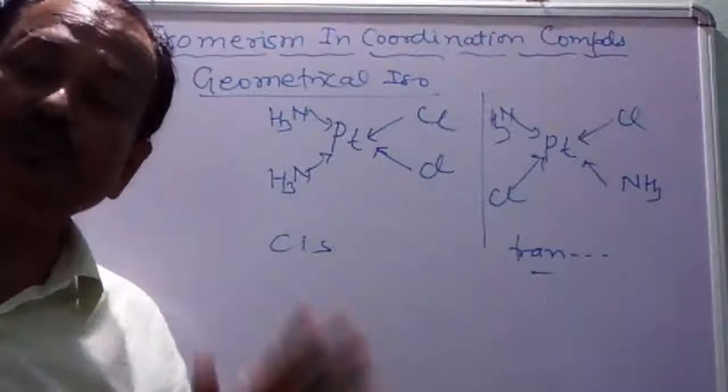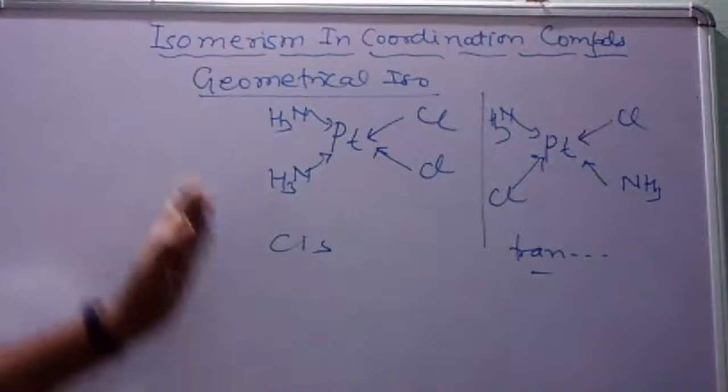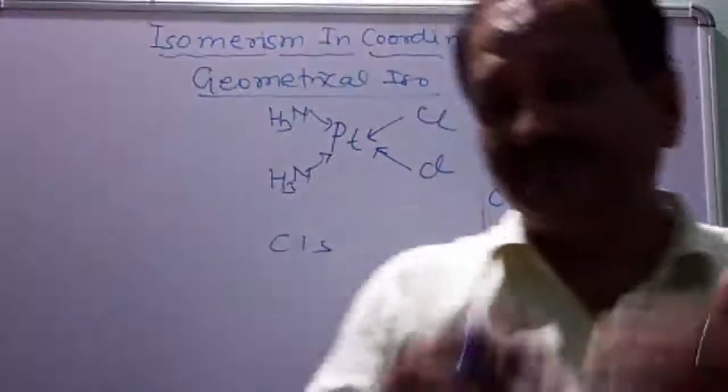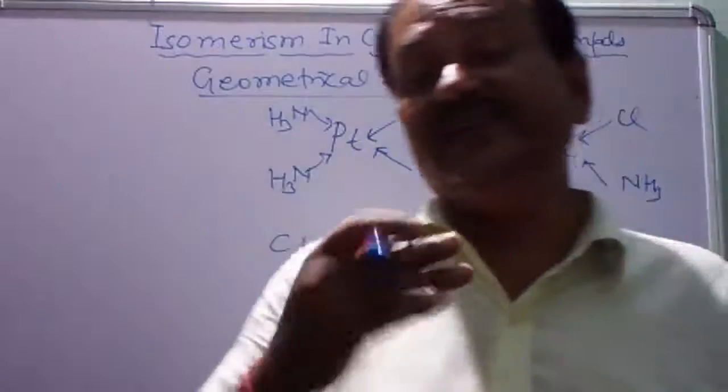Geometrical isomerism is a type of stereoisomerism, and it arises due to difference in the position of ligands in space.